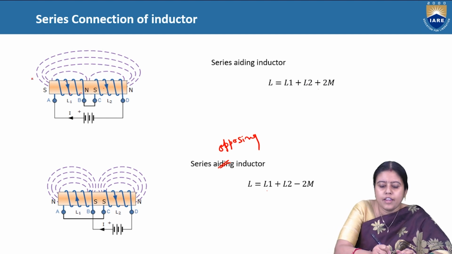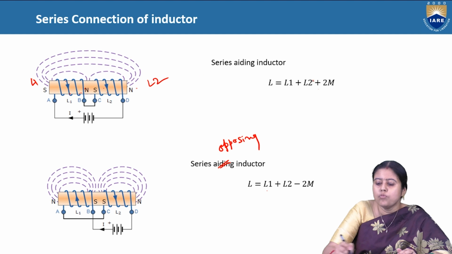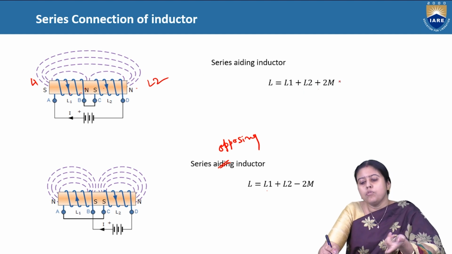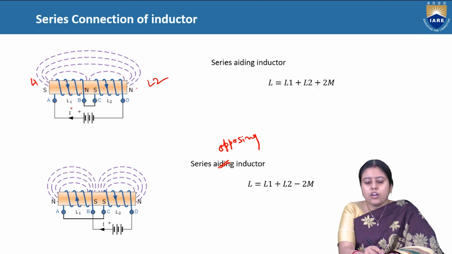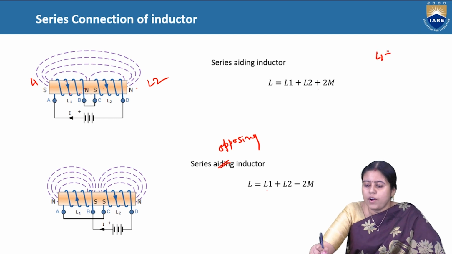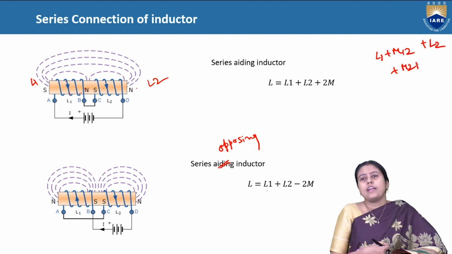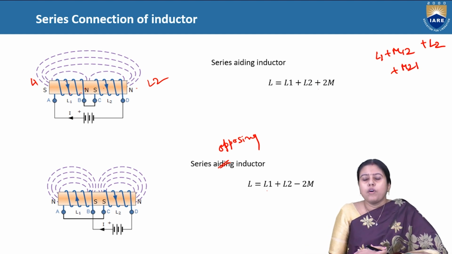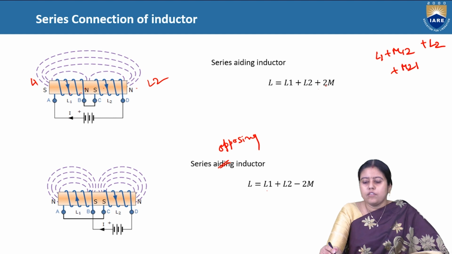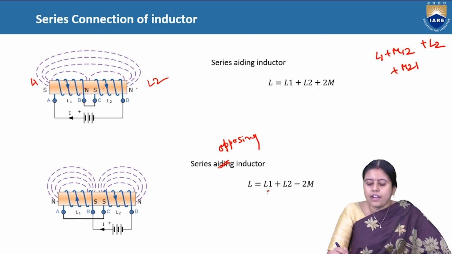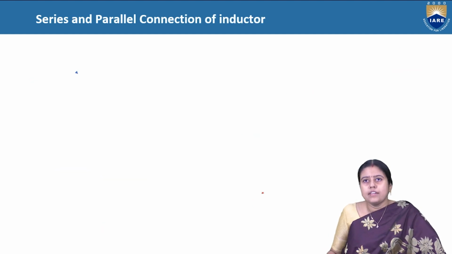So if it is L1 and then L2, it is L1 plus L2 plus 2M, because actually it is L1 plus M12 plus L2 plus M21. But as M12 and M21 both are equal, we are writing L1 plus L2 plus 2M. Similarly, L1 plus L2 minus 2M.